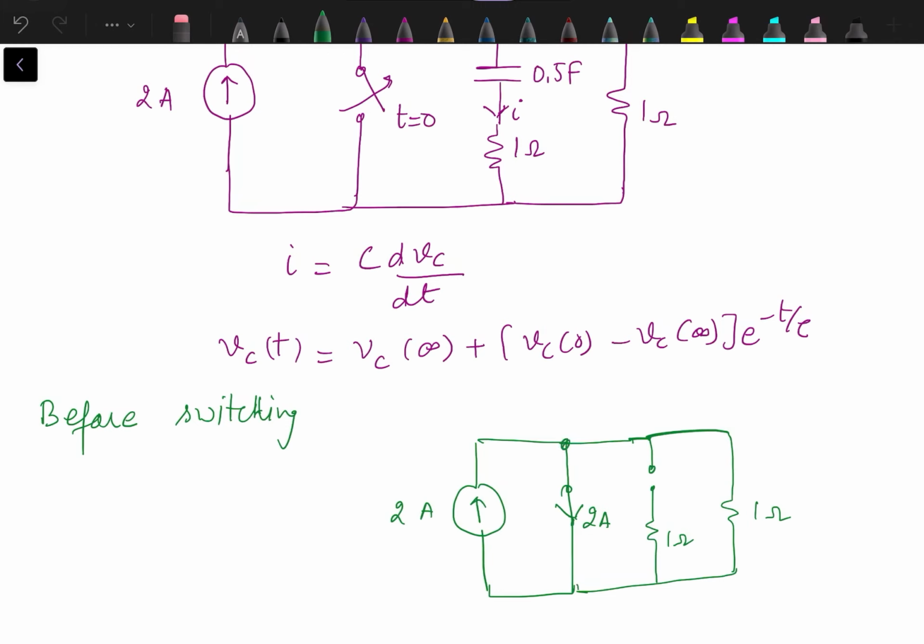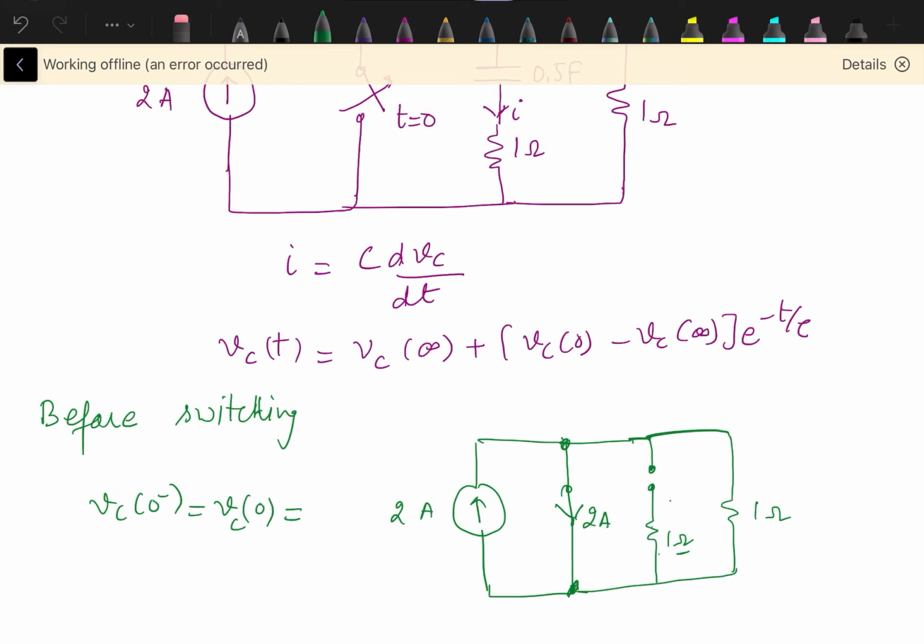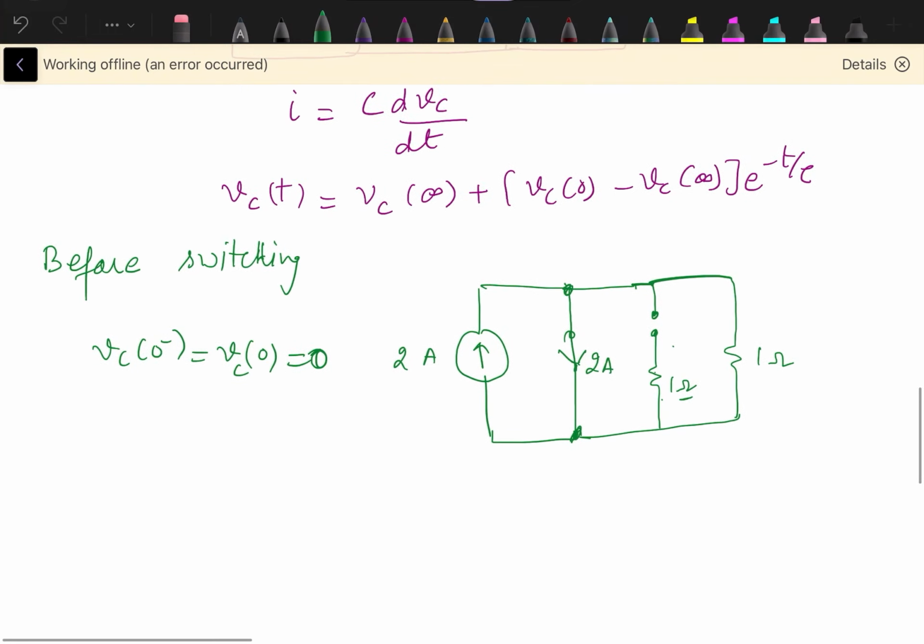Whatever the voltage is across this short circuit, the same is the voltage across the capacitor. Since there is no drop across this 1 ohm resistance because of opening, and also since it's a short circuit, the voltage across the capacitor is zero. Voltage across the short circuit is always zero. So Vc0 minus or Vc0, both are actually zero, just before the switching.